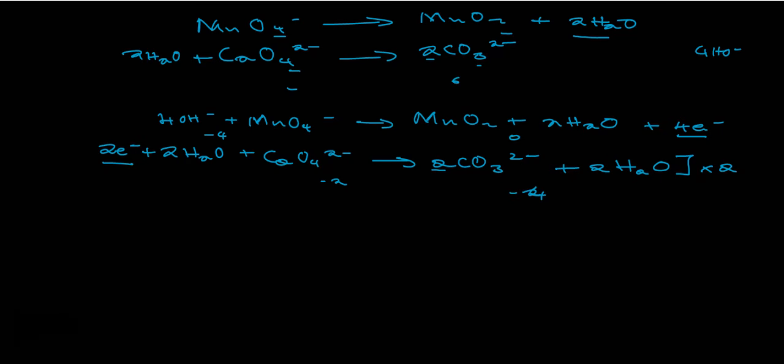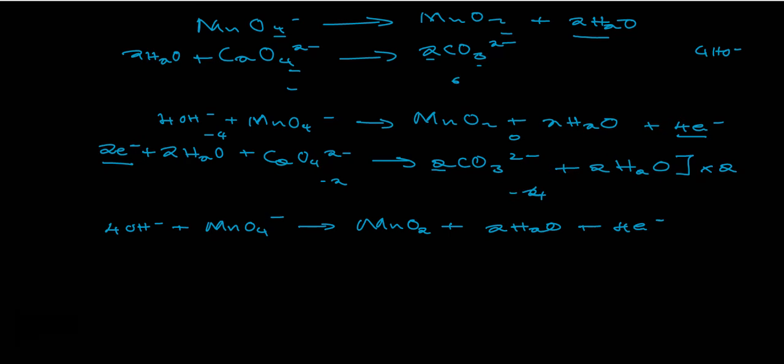So the first equation will just remain the same. We're going to have 4 hydroxides plus manganese dioxide, then plus 4 electrons.